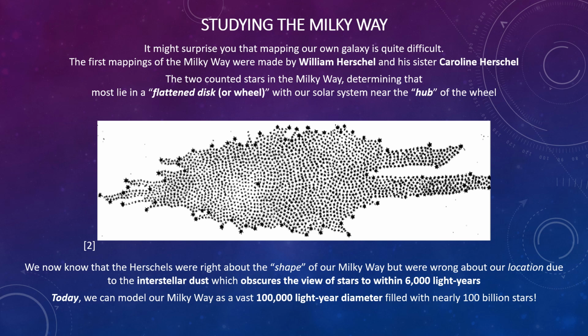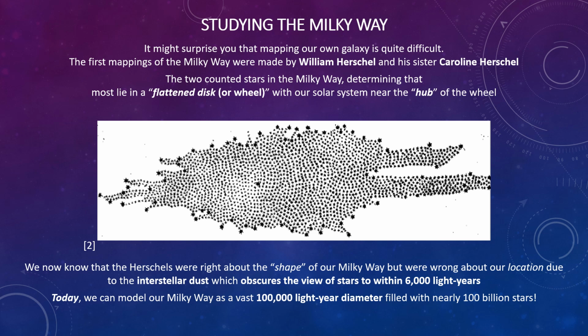The first mappings of the Milky Way were made by William Herschel and his sister Caroline Herschel. You may remember William Herschel as the person who discovered Uranus. The brother and sister counted stars in the Milky Way and determined that most of them lie in a flattened disk or wheel, as they called it, with our solar system near the hub of this wheel.